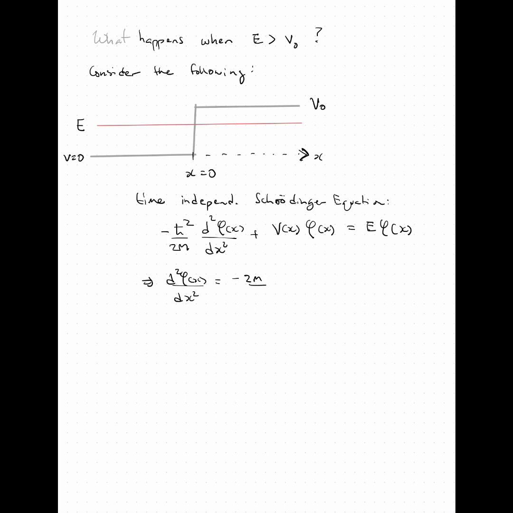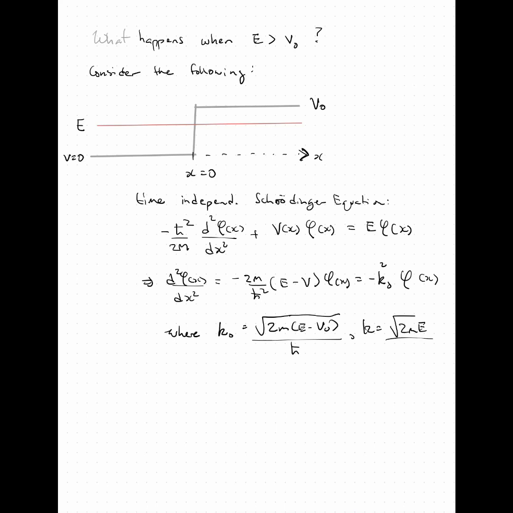For constant V, we can label this E minus V0 term k0 squared, where k0 is root 2m (E minus V naught) over h bar, and k, as you know, is root 2mE over h bar.